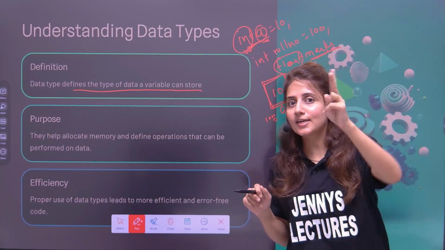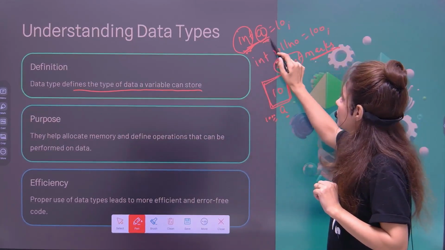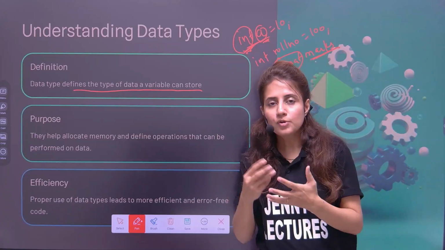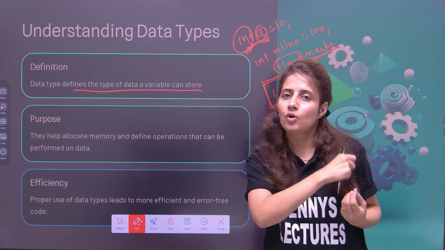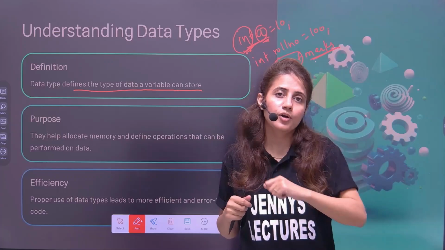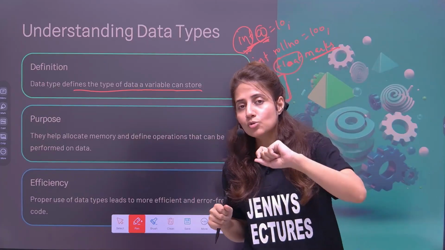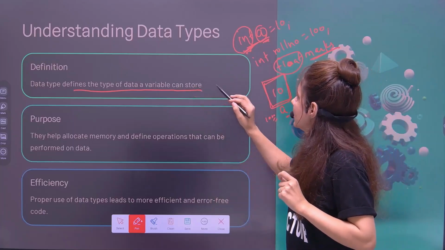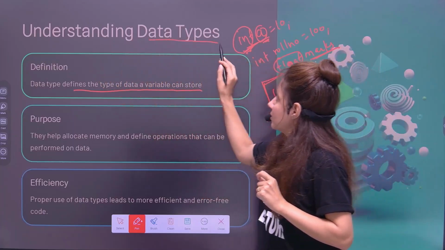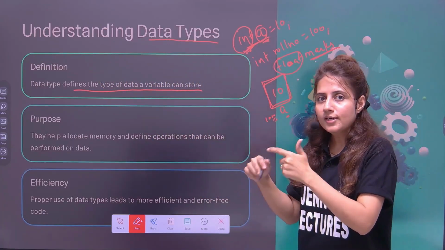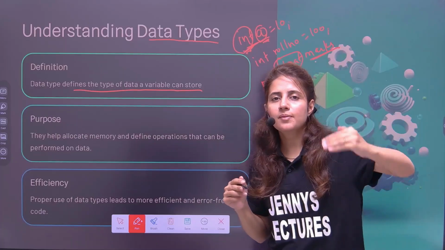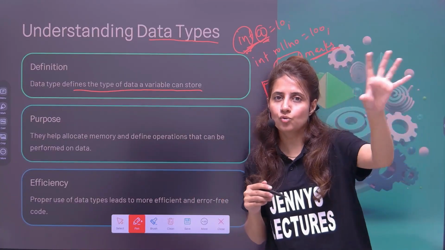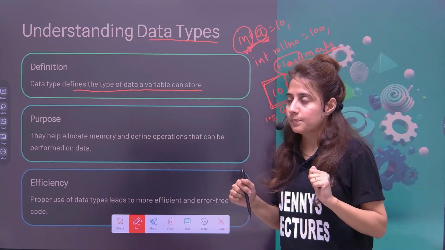The second thing: okay, this will store int type of data, but in the computer's memory, how much space would be allocated to this a? This is also determined by the data type. Different data types have different sizes, or you can say a different number of bits required to store that type of data in memory, right?